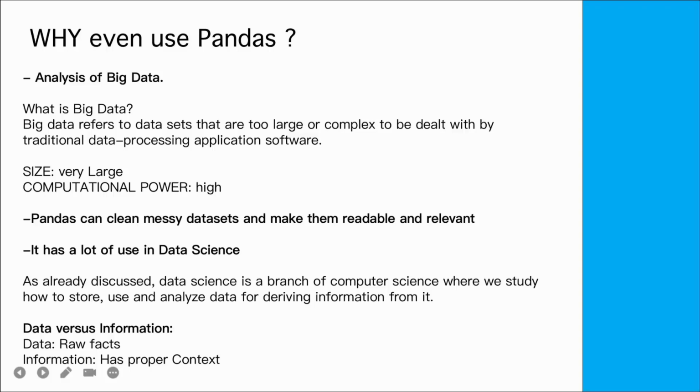So pandas has a bigger role to play in the field of data science. So what is the difference between data and information? Data refers to raw facts. So it's usually in unprocessed form, while information has proper context. It means that it is in a processed form and we can directly extract patterns from information.